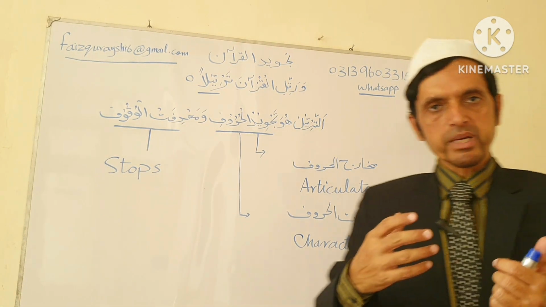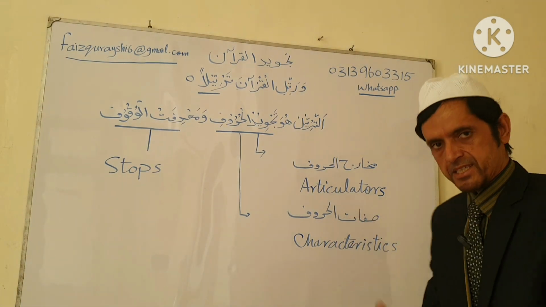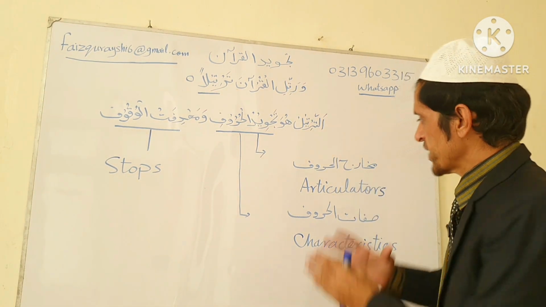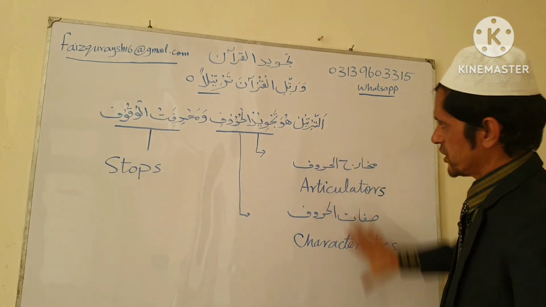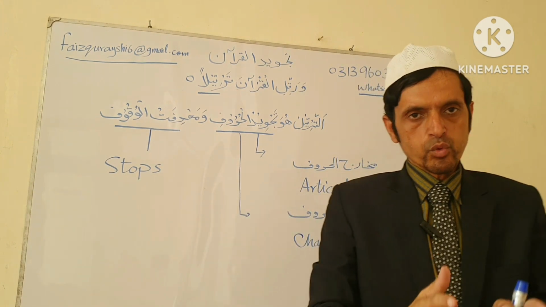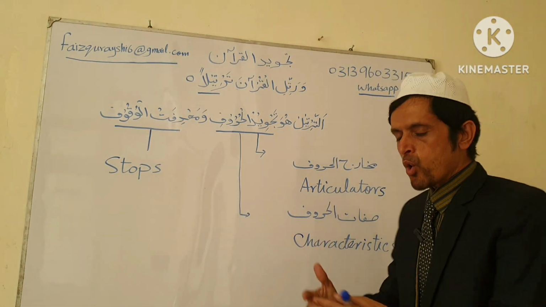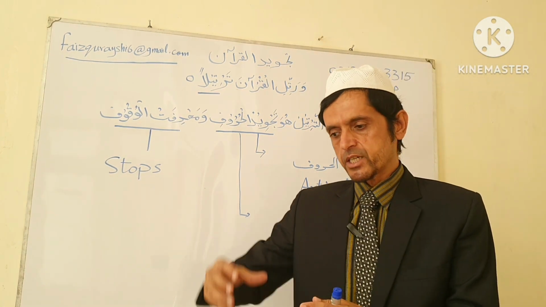So we have a number of characteristics, and then we have sifati lazima and sifati arza. I will explain all these things. So this is called Tajweedul Huruf wa Ma'rifatul Wuquf. Ma'rifatul Wuquf means where to stop, because we have different stops.